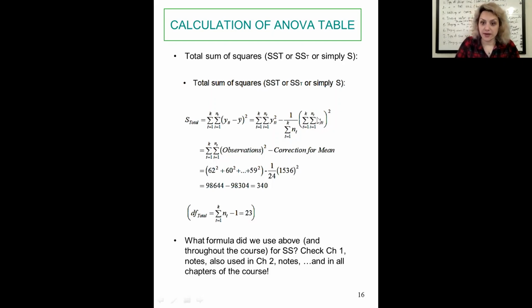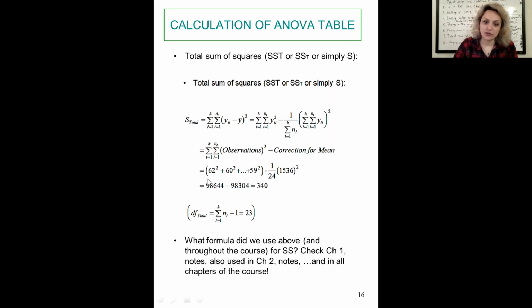What's the difference between this part and that part is that here you square individual observations and then add them, but in the correction for mean, you add them first and then square them. Over time I saw that students make this mistake when they calculate the total sum of squares: they consider both of them the same. Please be careful, don't do that.